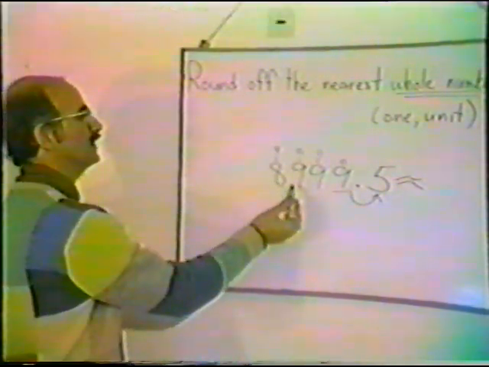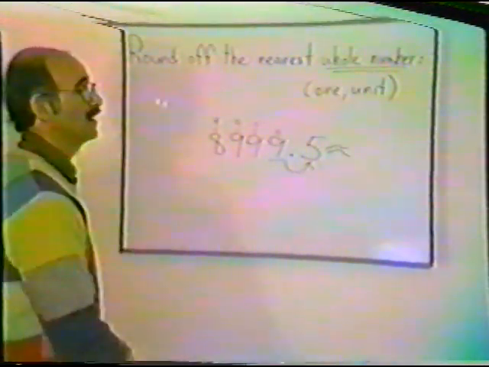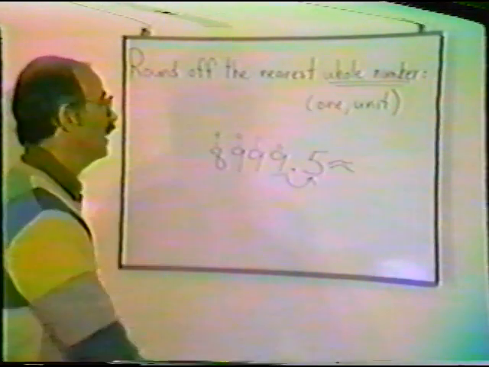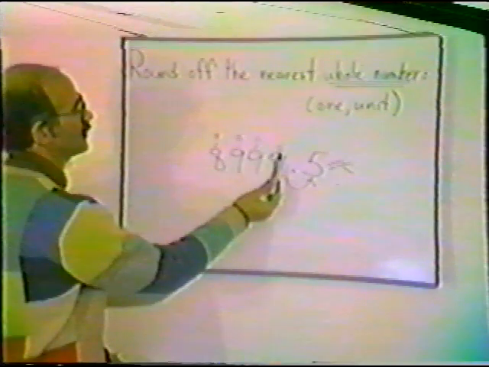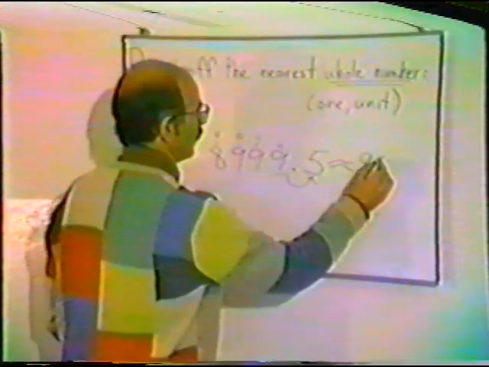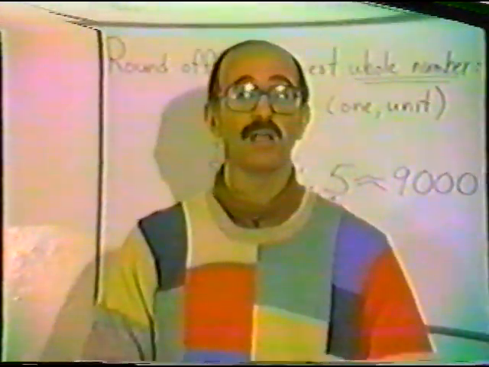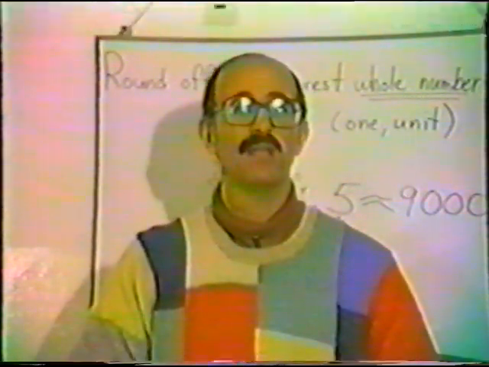So 8,999 and 5/10 is going to be rounded off to the nearest whole number, and we can just read the answer off the top. And what does it say? 9,000.